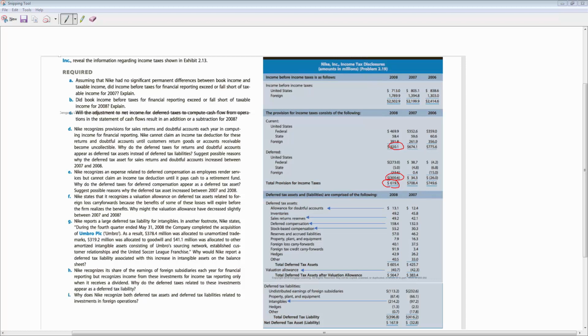Question D. Based on the tax law, Nike recognized an estimated expense or revenue deduction earlier for financial reporting than for tax reporting. Because financial reporting recognizes them earlier than tax reporting, the taxable income is greater than the income before tax.